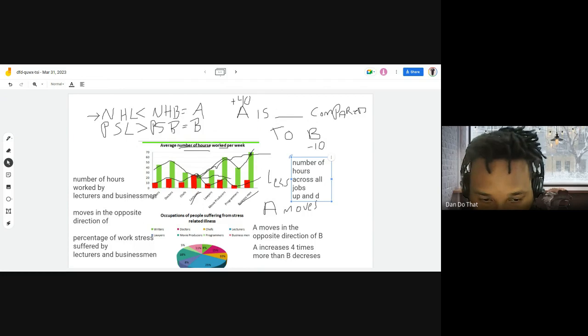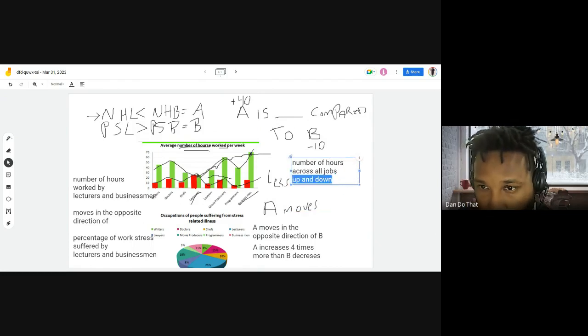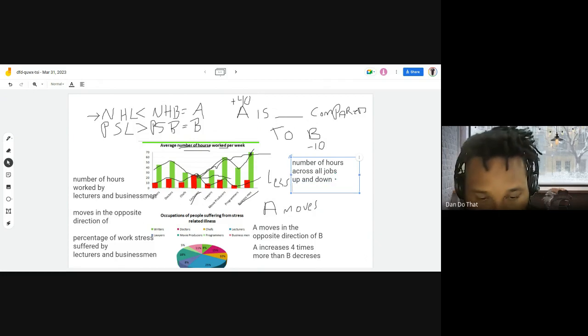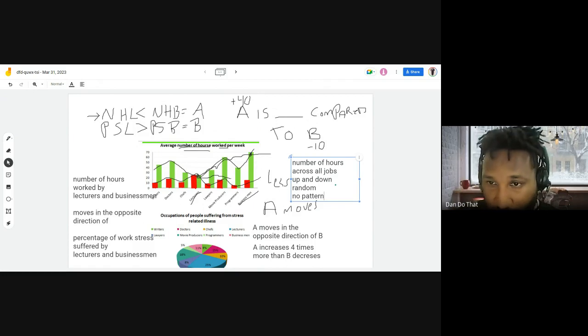Seems random. I don't see any pattern. So it just seems random. So you can put all of that into a paragraph, right?